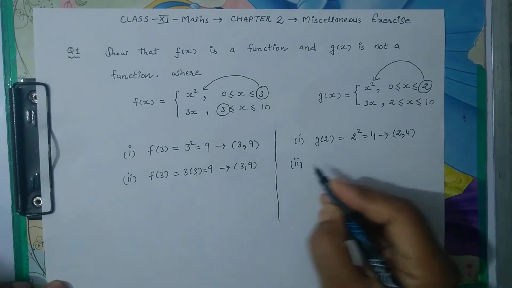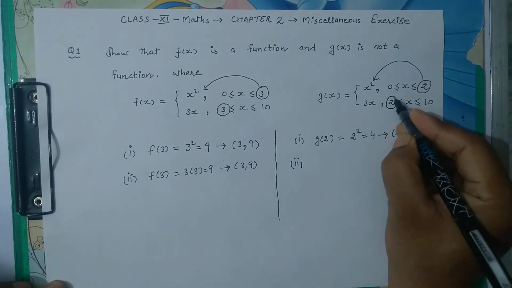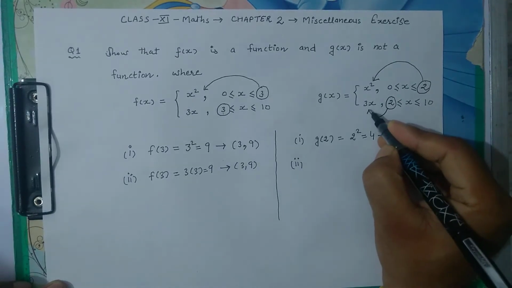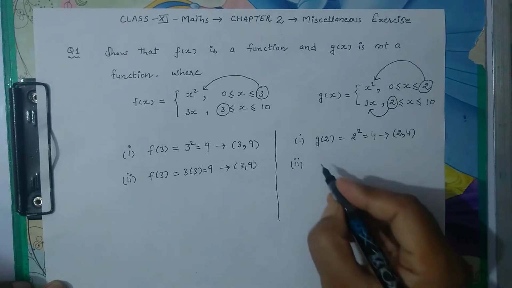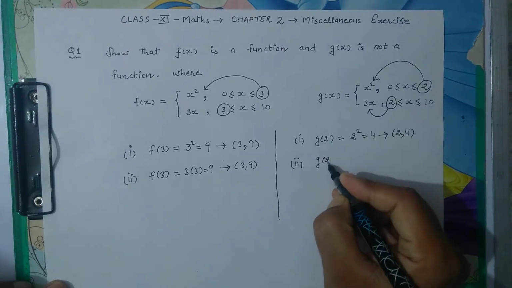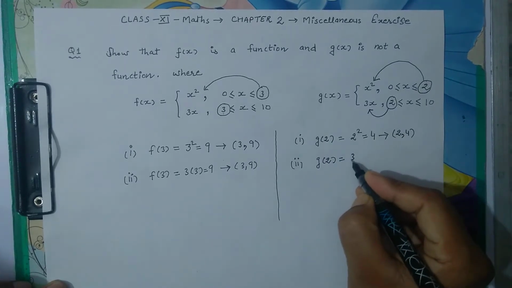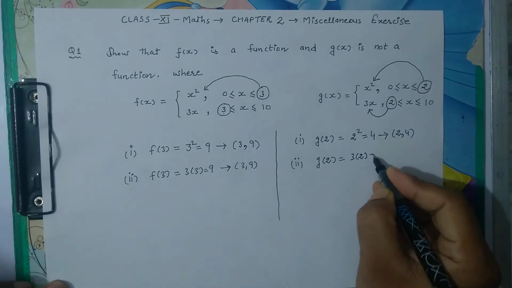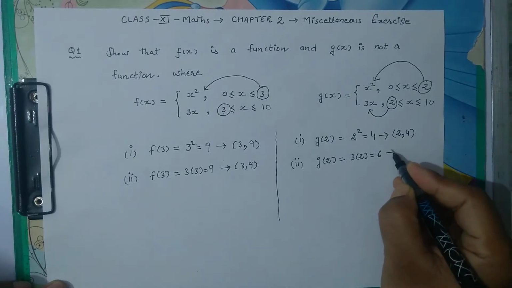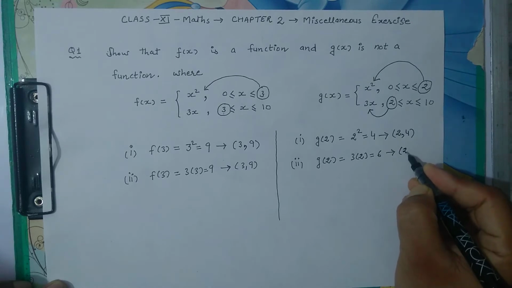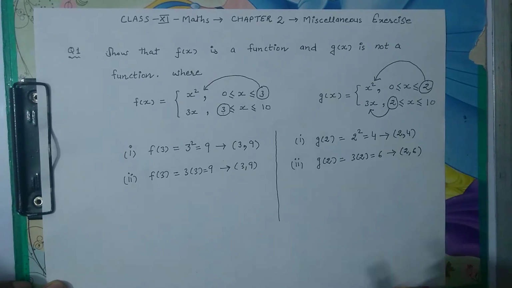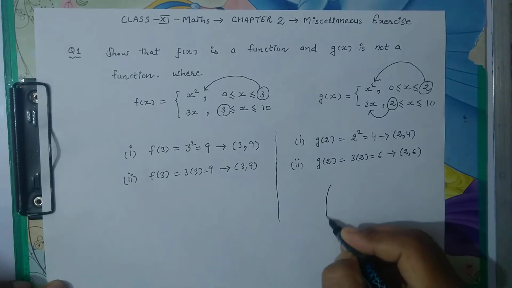Second time, this is 2, but in this case g of x is 3x. So g of 2 is equal to 3 into 2 is equal to 6. So ordered pair becomes 2, 6. So from these, two pairs are different.